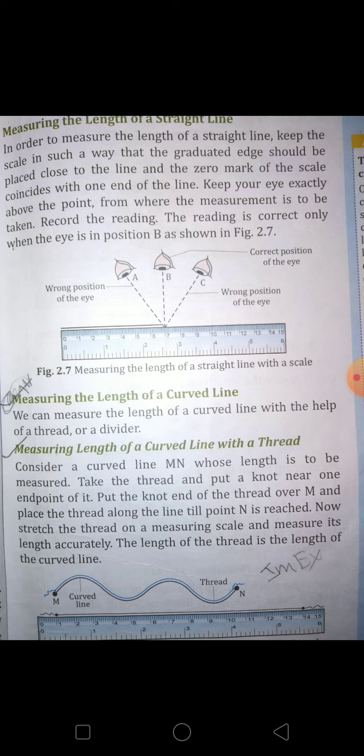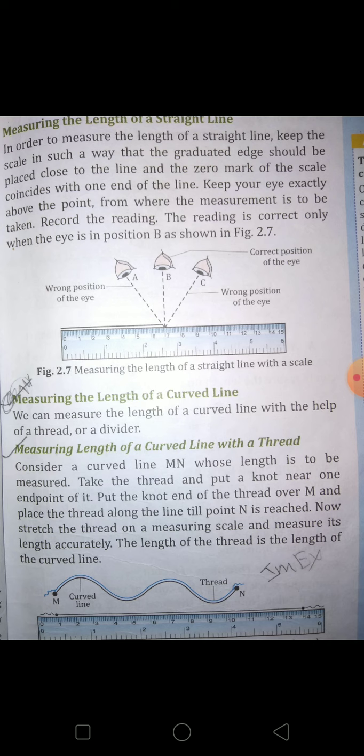Now stretch the thread on a measuring scale and measure its length accurately. After putting it this way, you mark the two points and straighten it. When you stretch it, it will become straight. Now you take one scale to measure it.